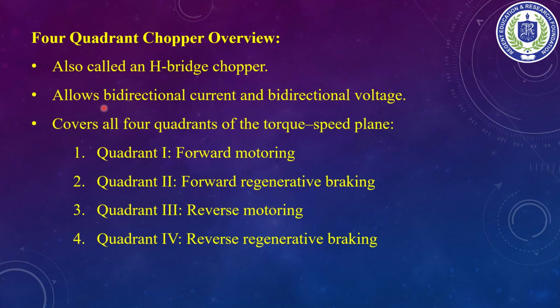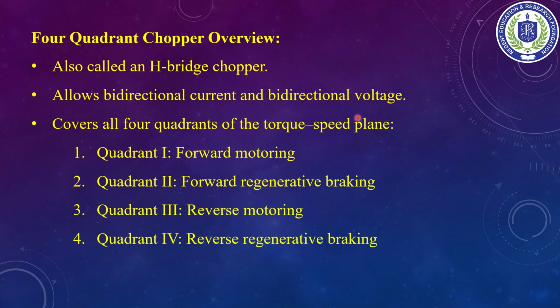It allows bidirectional current and bidirectional voltage. In the third and fourth quadrants, we have seen that E is reversed. So in the first and second quadrants we have positive E, and in the third and fourth quadrants negative E. So we have both-way voltage.